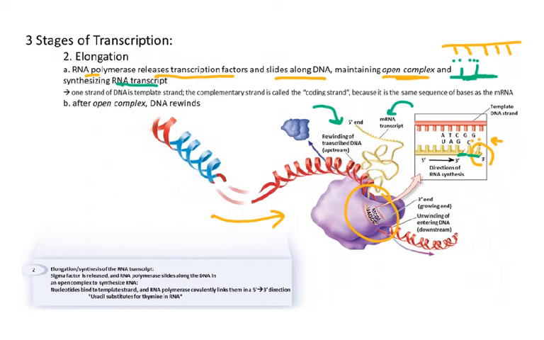It doesn't have to remain hydrogen bonded for very long. It's hydrogen bonded long enough for RNA polymerase to snap it together, and then RNA polymerase keeps moving along. The RNA falls off from the DNA. The DNA reforms its hydrogen bonds, closing up the DNA, and the little RNA transcript is dangling out in the wind.